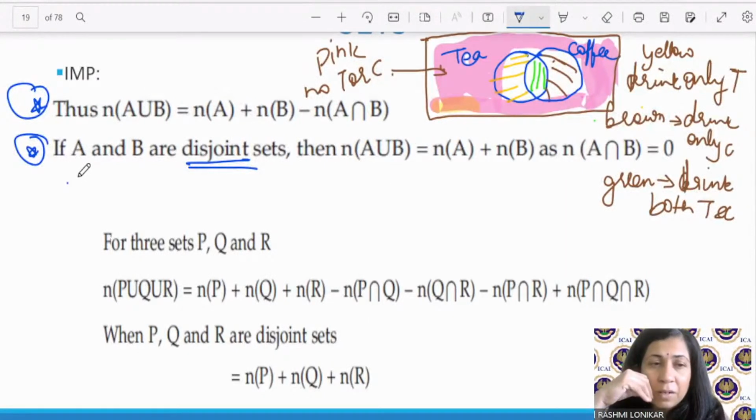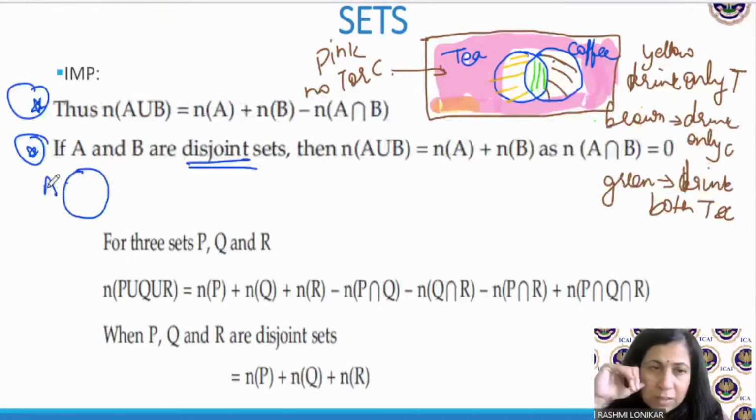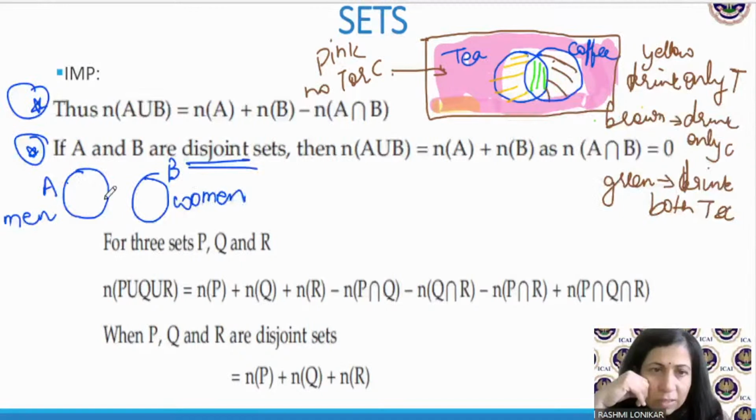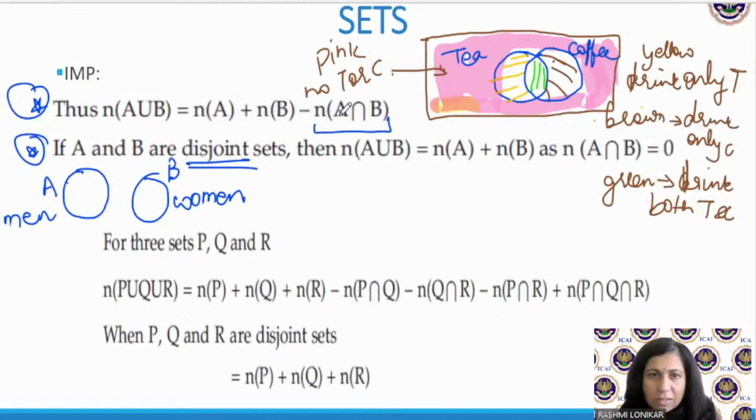For example, I want to say that A is a set of men, and then I would say B is a set of women. Then these are disjoint. There cannot be men who are women and women who are men. So these are the disjoint sets. So in that case, A intersection B, which are the common people who are both men and women, there are none.